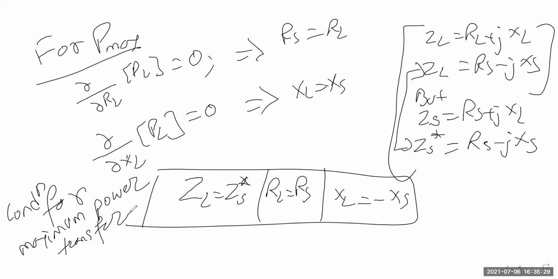Now, while doing this, what we have noted down, or could make a conclusion out of it, is that to find the maximum power that is transferred from your source side to the load side, the load impedance ZL must be the complex conjugate of the source impedance, right?